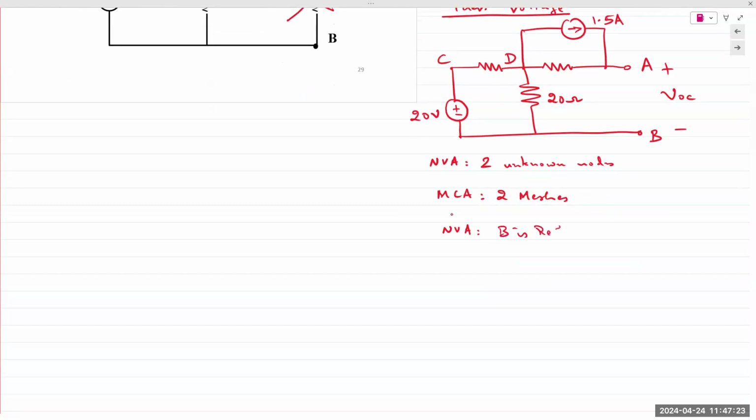B is chosen as my reference. Therefore, VB is 0 volts. And therefore, VC is 20 volts for the purposes of my analysis. That leaves me with two unknowns, A and D. In this case, A and D are not exactly the same because you have a current source in parallel with that 10 ohm resistor.